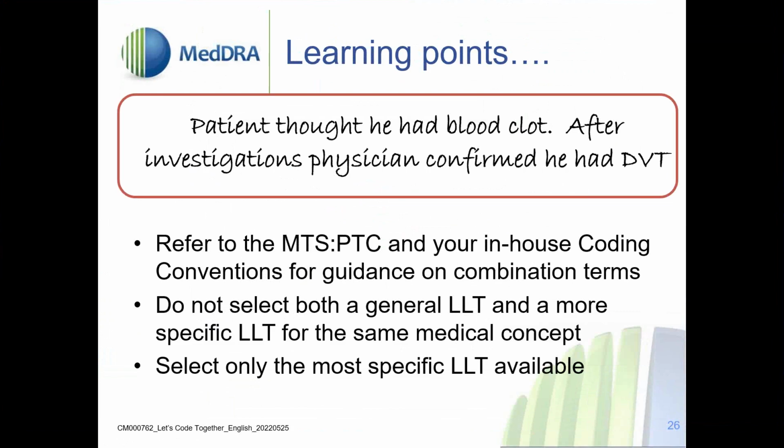So both are connected. The umbrella term is the arrhythmia or the thrombosis, but these diagnoses were further specified. So we should only select the most specific LLT to capture the reported finding in such instances.